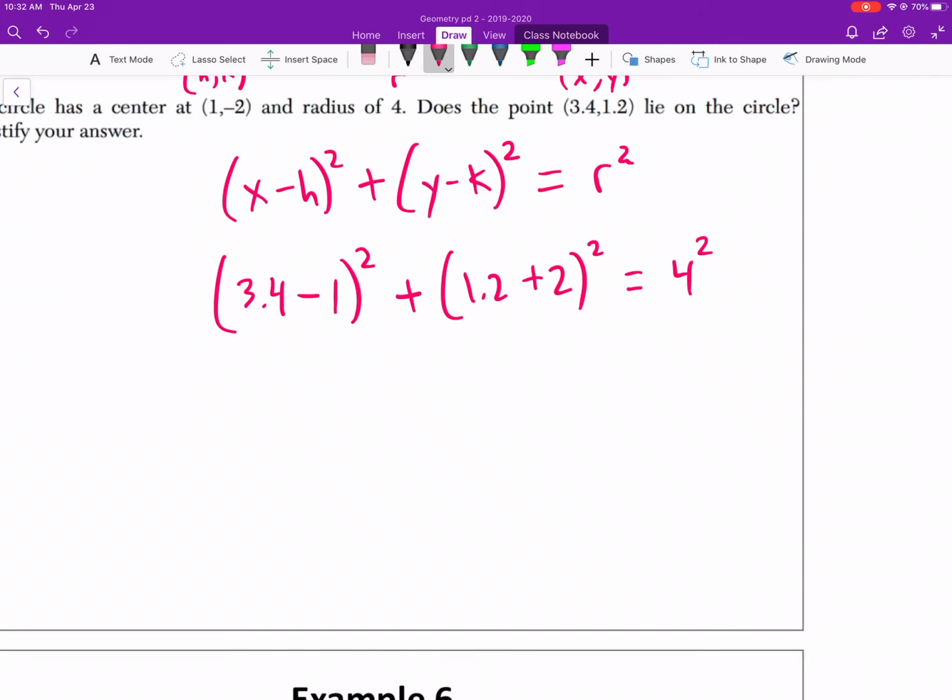So we have to see if the equation is balanced. So 3.4 minus 1, so this would be 2.4 squared plus 1.2 and 2 gives us 3.2 squared, and that would have to be equal to 4 squared, which is 16.